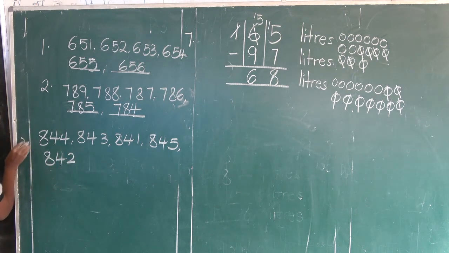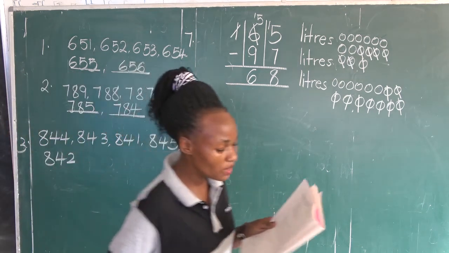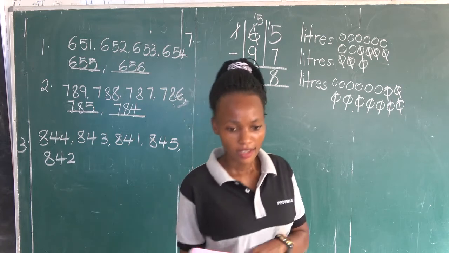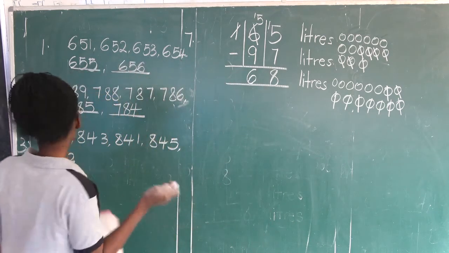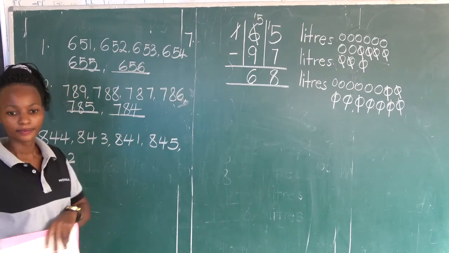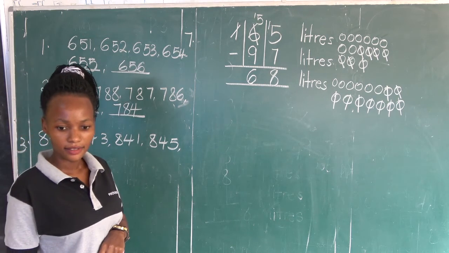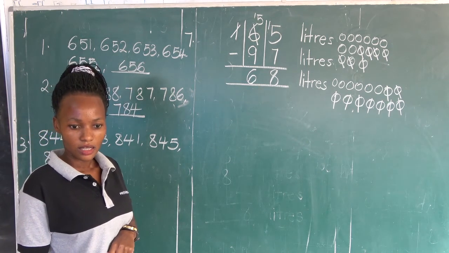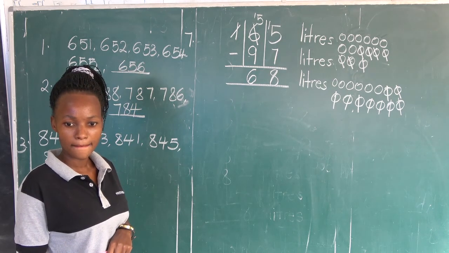Okay, this is number 3. They've told us to write in order, starting with the smallest. Now you're going to tell me number by number. Okay, which number is the smallest?